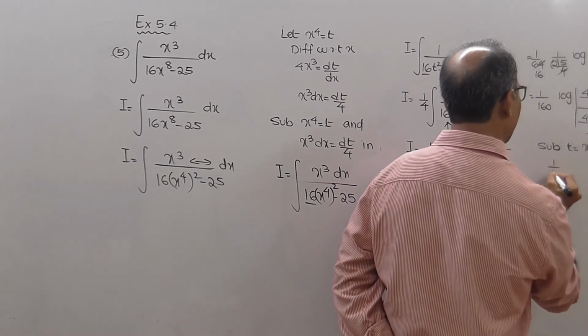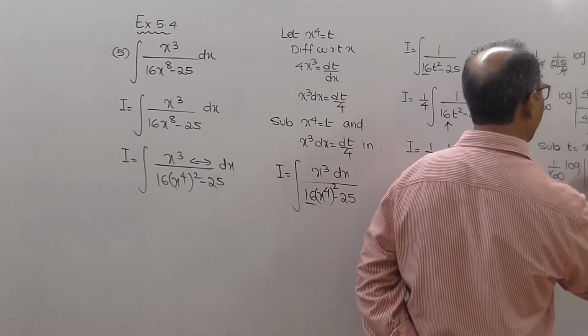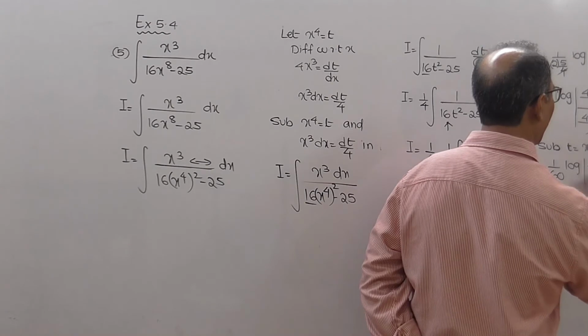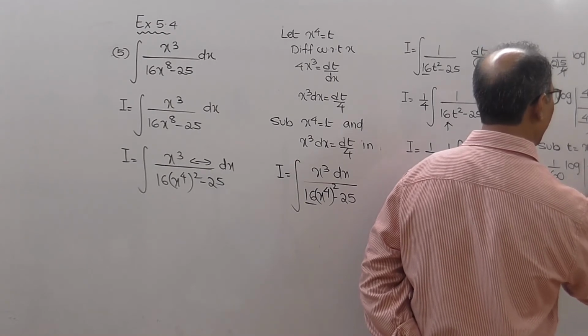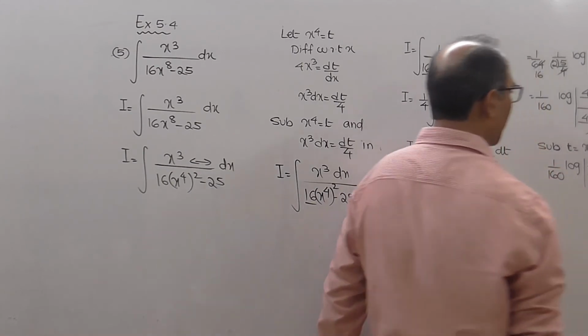X raised to 4. I think this is 1 upon 160 log modulus 4 x raised to 4 minus 5 upon 4 x raised to 4 plus 5 plus c.